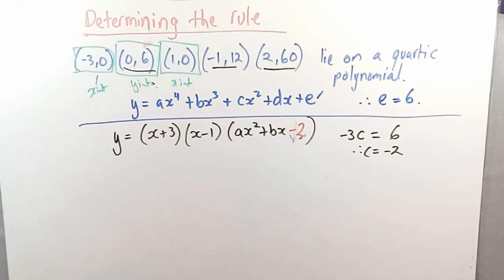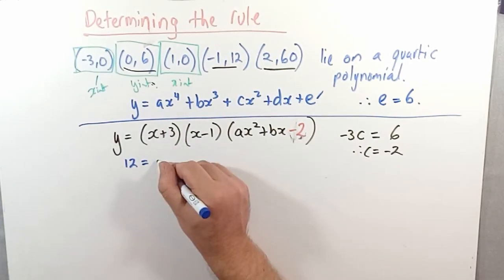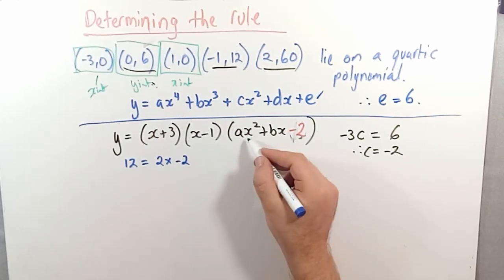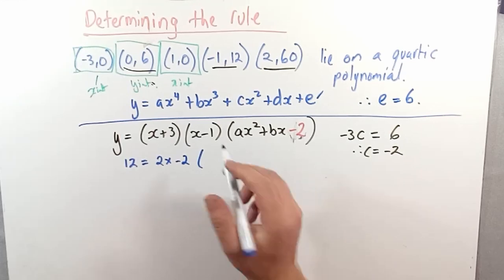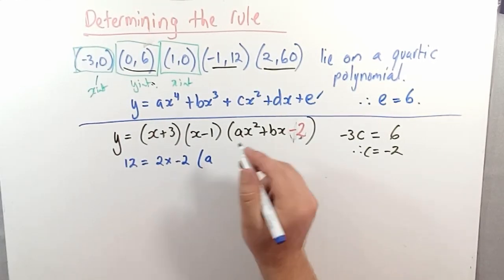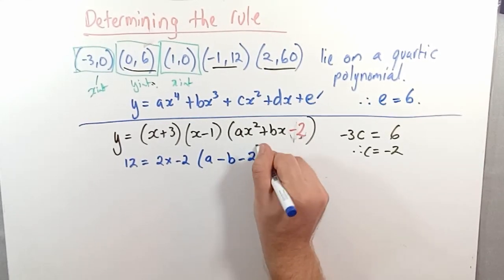Okay, so now I've got that. I just need to find b and a. So I can put my other 2 points in and find 2 equations to solve. Okay, so let's put this one in, -1. So I get 12 equals, I get 2 times negative 2 times, negative 1 squared, times a, minus b, minus 2.